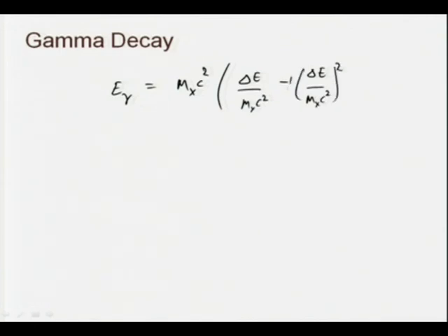Finally, this will turn out to be E gamma is equal to mx c square into delta E over mx c square minus delta E by mx c square all square, 1 over 2, and that is equal to delta E minus delta E square divided by twice mx c square.